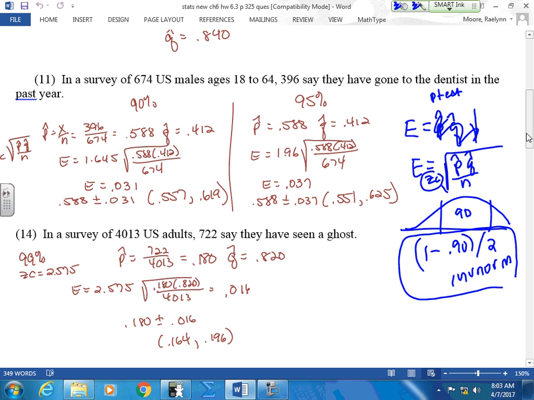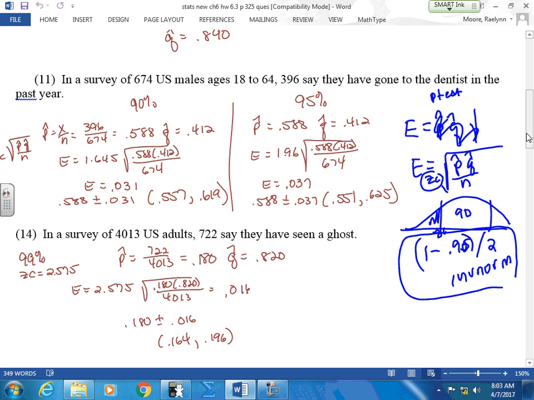We've been doing this a lot. If it's 95, it's 1 minus 0.95 divided by 2. I need to find that Z-score associated with this piece. Yes, it comes out negative, but I'm going to make it positive. There's also a little table on the bottom of table 4. When you get table 4, there's this little table on the bottom corner. And it gives you the 80, the 90, the 95, the 99. Those are the most popular ones.